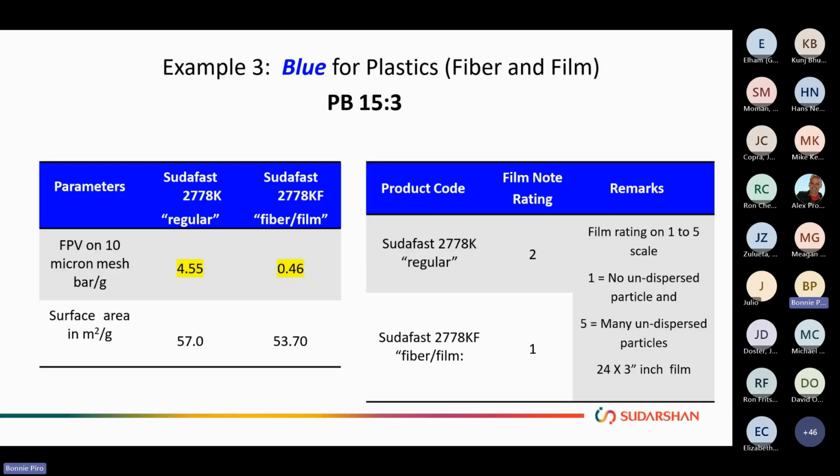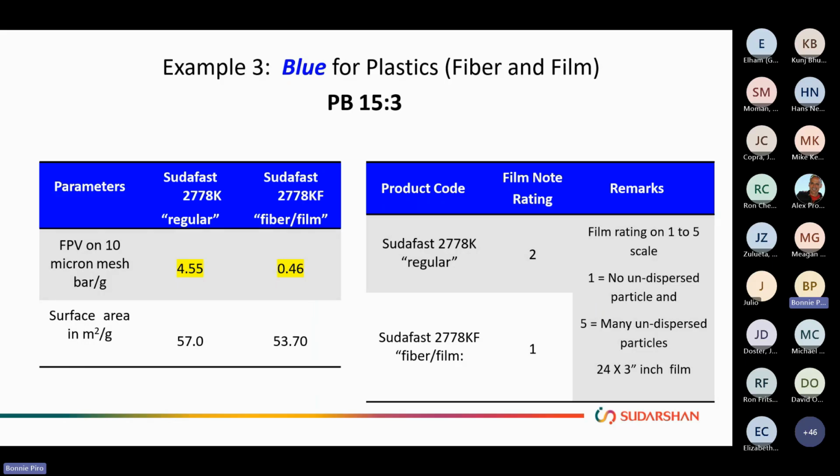And then the next example is for plastics, where we are taking a look at the finishing impact on a 15.3 ultimately for a fiber and film application. So we alter the finishing techniques to create what I call the regular plastic grade or the fiber and film grades for the same product.